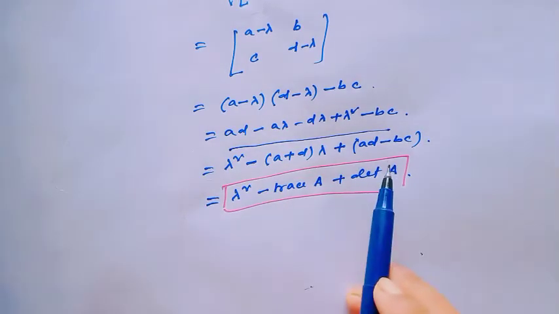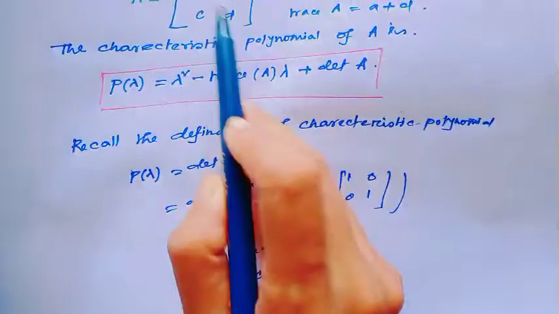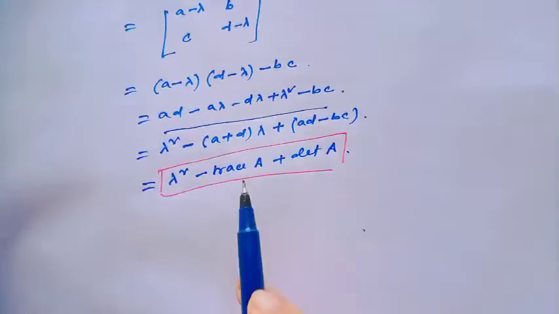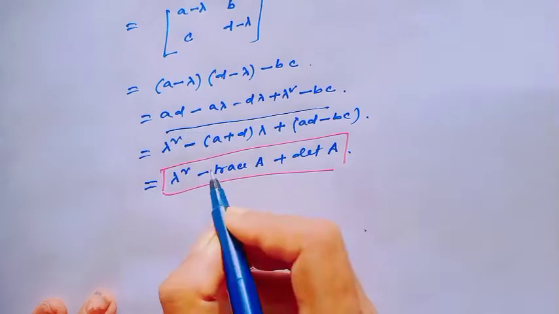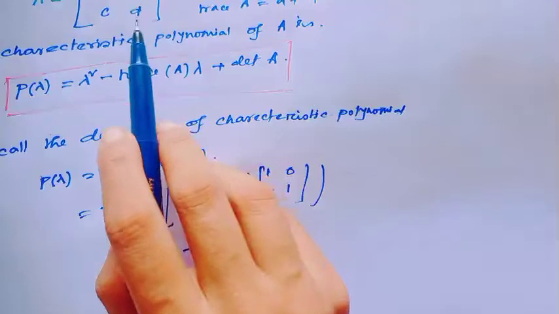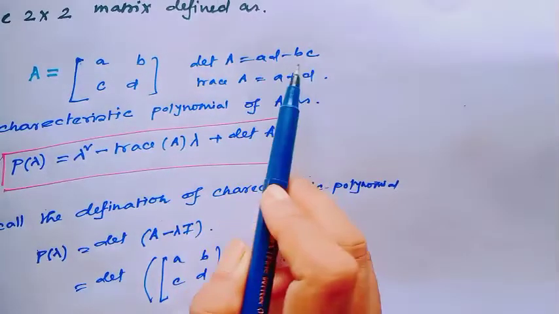And notice the equation. Here A plus D means trace of the matrix. That means this is lambda square minus lambda times trace of A. And here AD minus BC means determinant of the matrix.